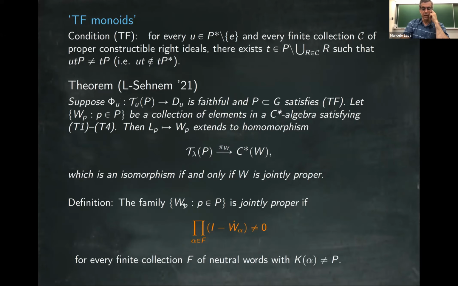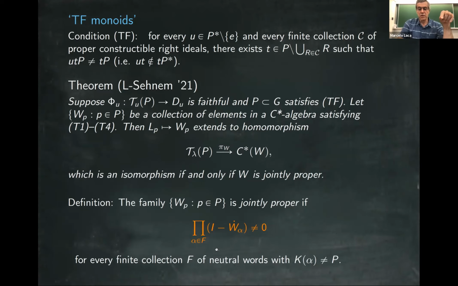So we say that a family of elements satisfying T1 through T4 is jointly proper if the product of the orthogonal complements of the W dot alphas is not zero. That's for every finite collection of neutral words. So there's something in the common orthogonal complement of all those W dot alphas.